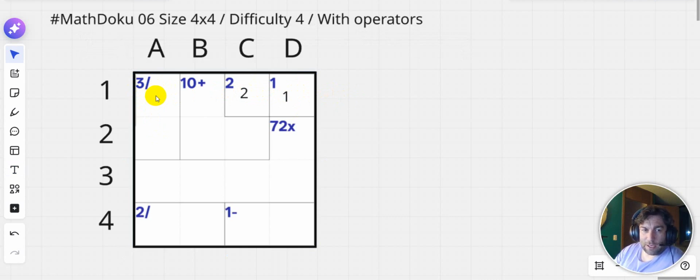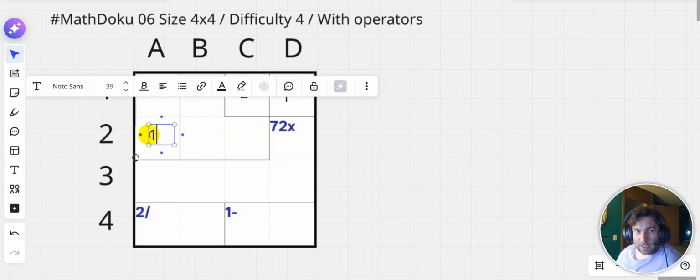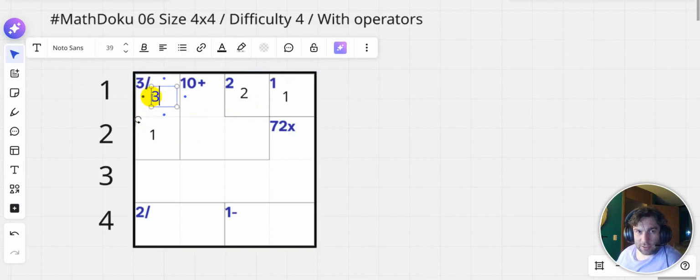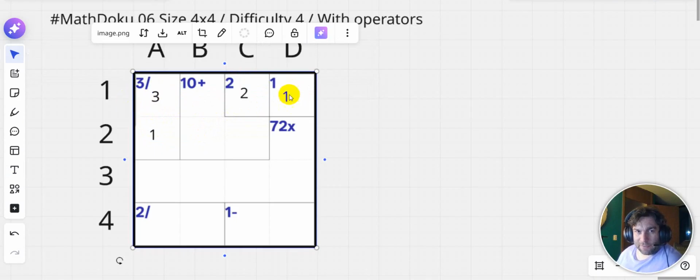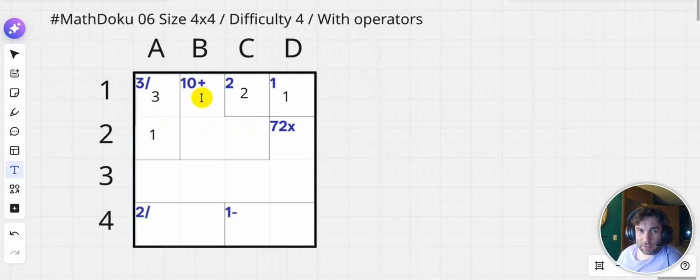The only pair that could be is 1 and 3. But we can't have 1 in row 1 because we already have it here. So 1 has to be in this row and 3 has to be in this row. Now we have only one number missing in column B.